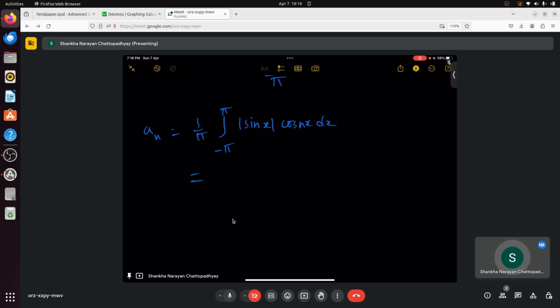Now you always remember that the Fourier series of an even function will be a cosine series and the Fourier series of an odd function will be a sine series.